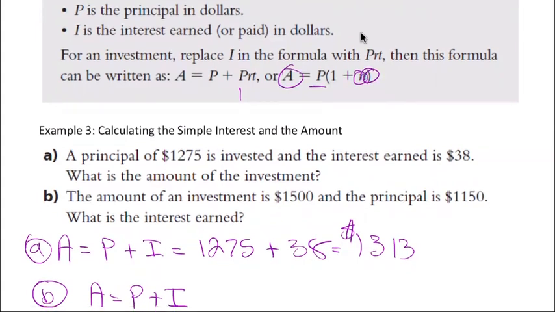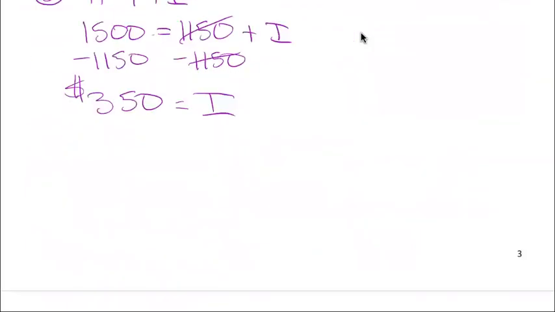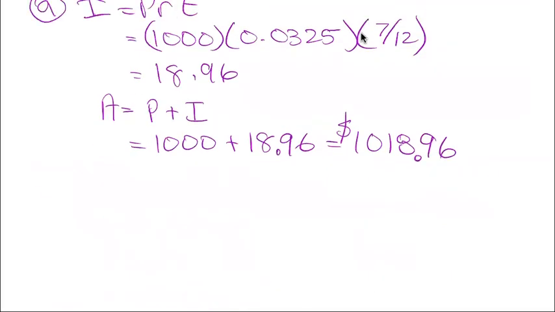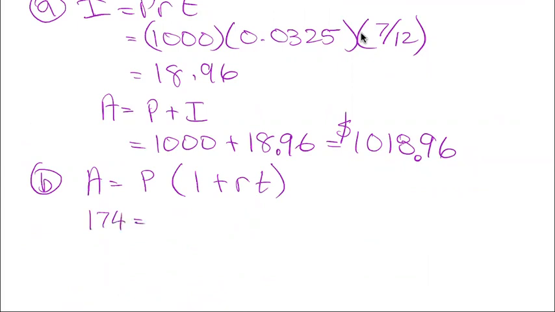A is equal to P plus, over here, A is equal to P bracket 1 plus RT. My amount was $174. My principal, I don't know, that's what I'm looking for. 1 plus my interest rate, which was 1.25% but is 0.0125 as a decimal, times my time, which was 2 years.